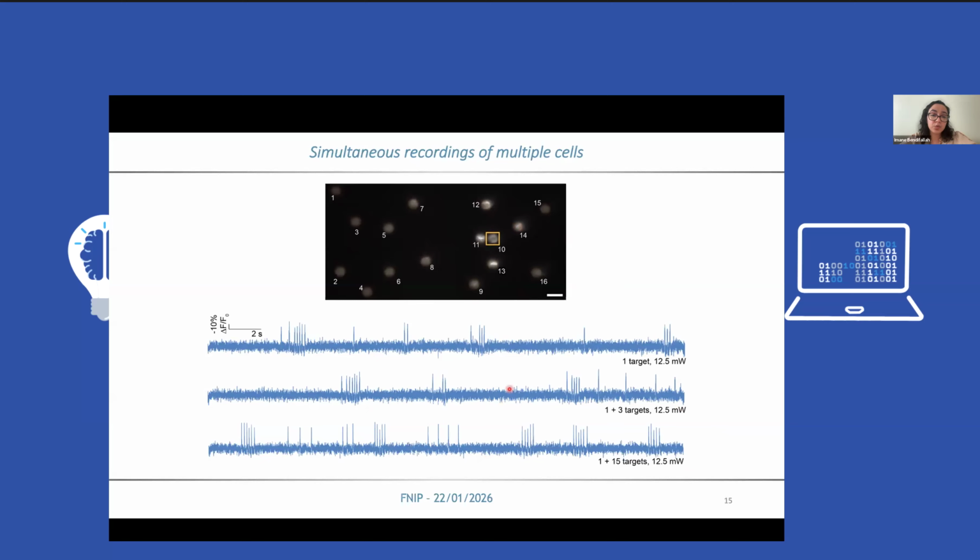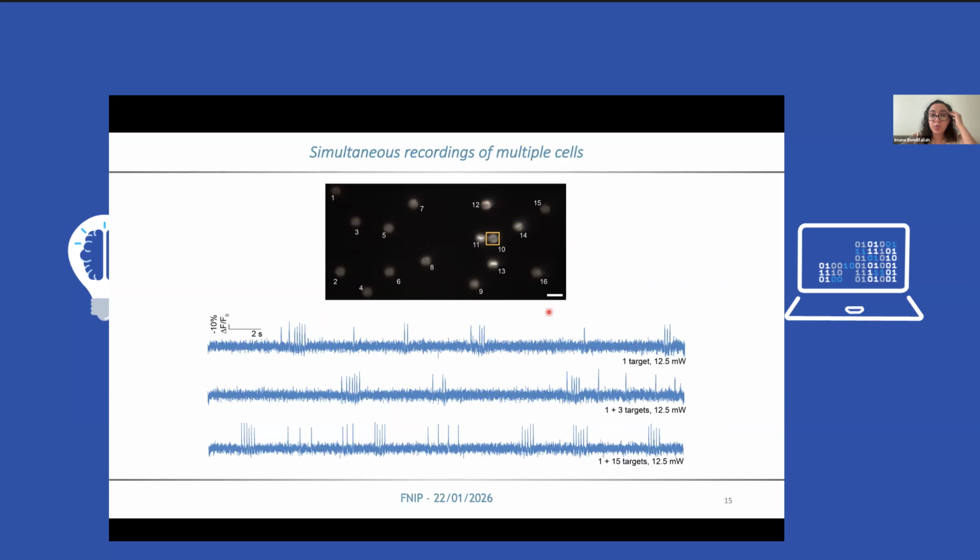So we wanted to know if by adding more cells in our field of view, we would degrade our signal or not. What we did to test this was patch a cell, it's number 10 here, electrically trigger spikes, and record the fluorescence response. So this is the trace that we got when we were only recording from it.